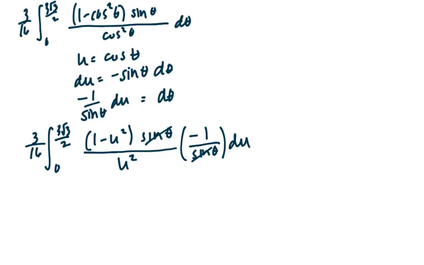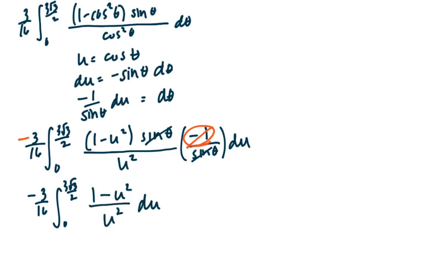So the sine thetas cancel. And let's take this negative 1 out to the front as a constant. So then we have negative 3 over 16, the integration from 0 to 3 square root of 3 over 2. We have 1 minus u squared over u squared du. Now remember, there is no product rule and there is no quotient rule. So let's split that fraction.